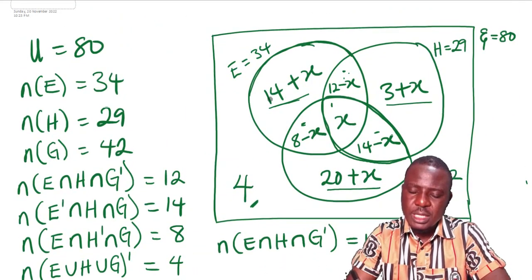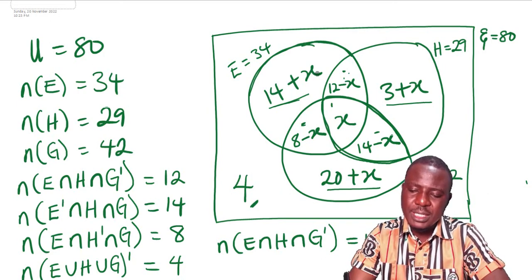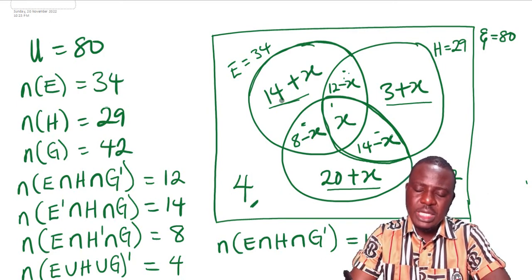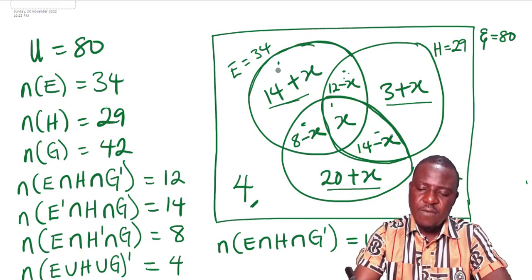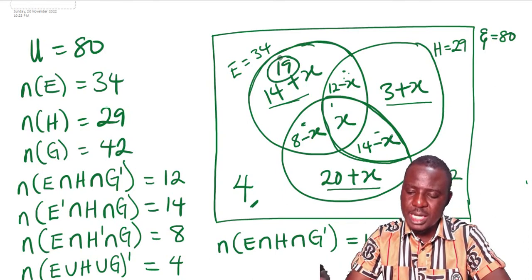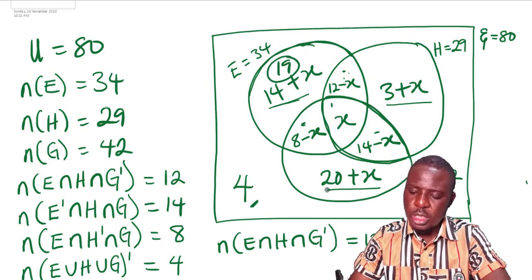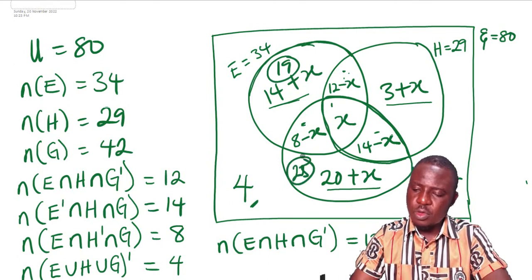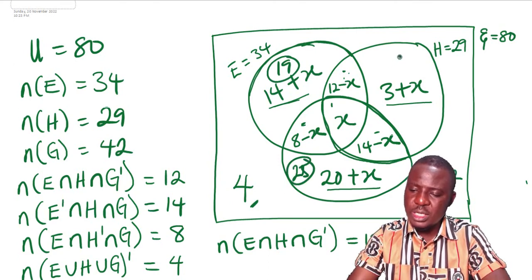So if you look at it, this becomes 14 plus x, of which we got x to be 5. 14 plus 5 becomes 19. So it therefore means that those who study only English are said to be 19. Those who study only geography are said to be 25. Those who study only history, they are said to be 8. And those who study all three, we said 5.